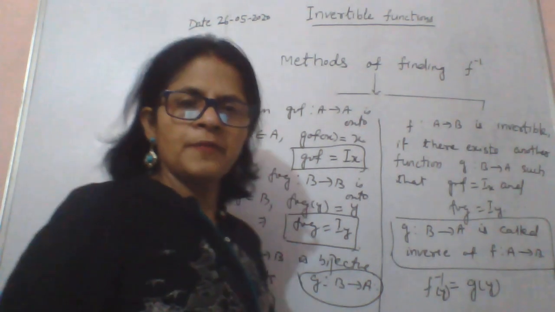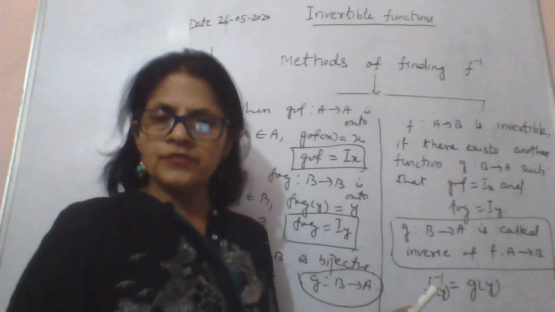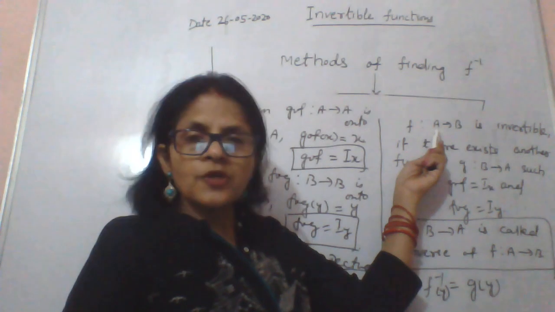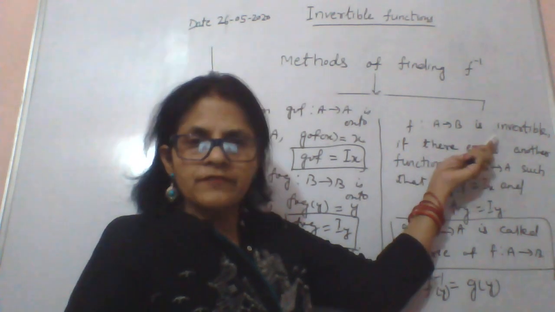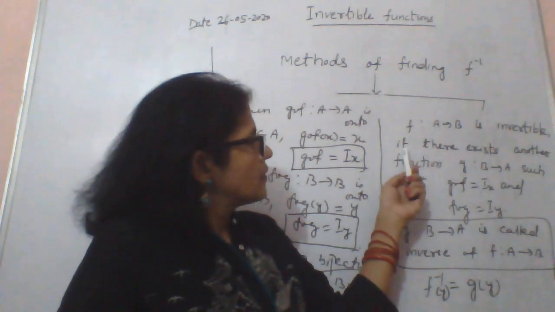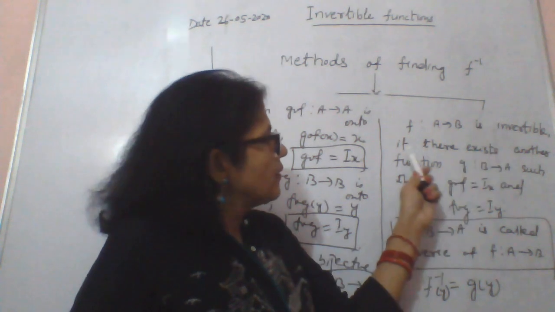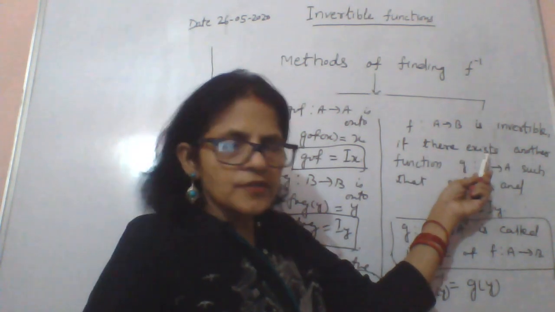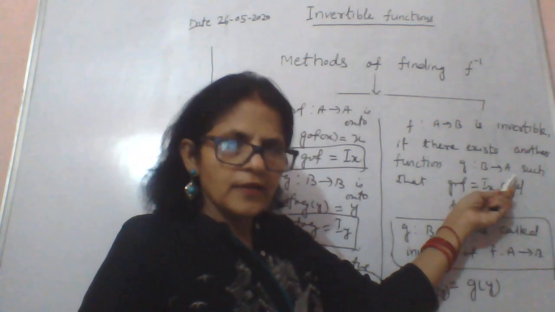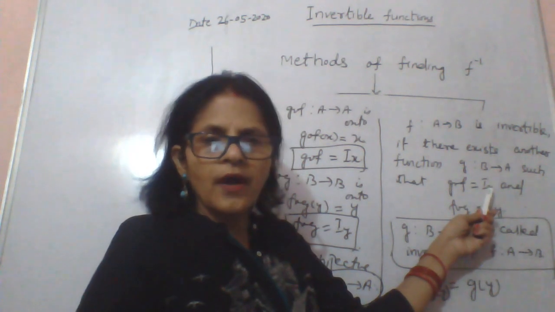So just to give a proper formal definition to invertible function by using composition, what we can take. So we have f is a function from A to B, if it is invertible, it means if it is bijective. So f from A to B is invertible if there exists another function g from B to A such that g of f equal to I_X.